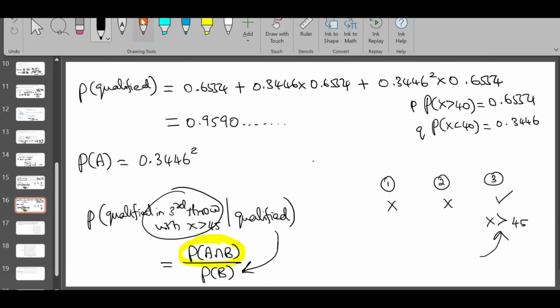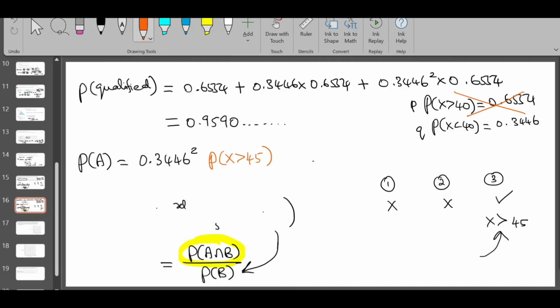But we don't use this probability of success, we need to use this probability of success, x is 45. Hope you understand this. The first two she failed, that's why I put square here. But in the third throw she succeeded, but she has thrown more than 45, not more than 40. So we have to basically calculate this actually. So keep this as it is, 0.3446 whole square.